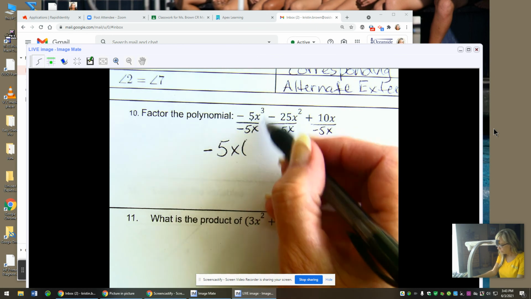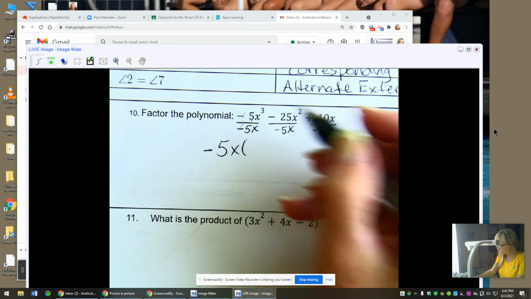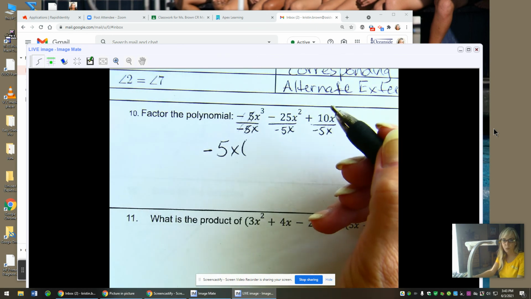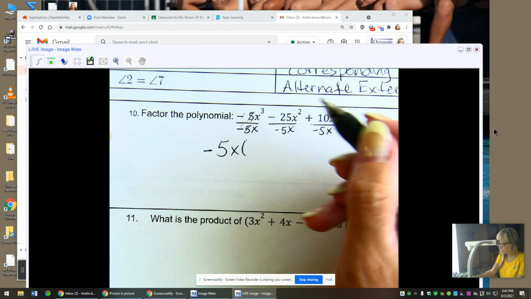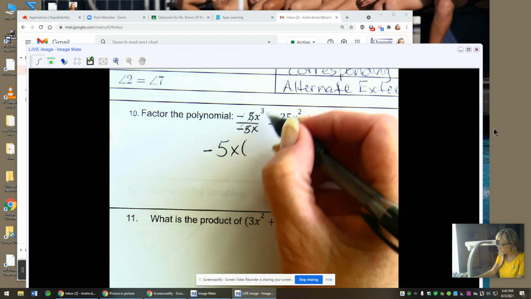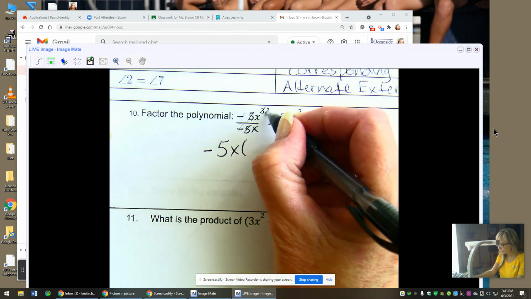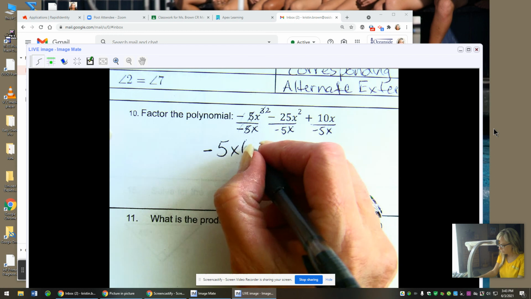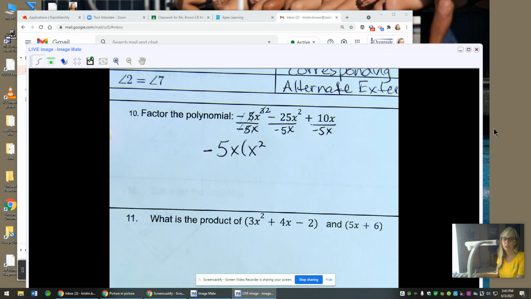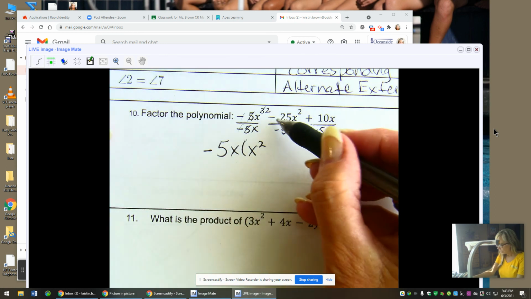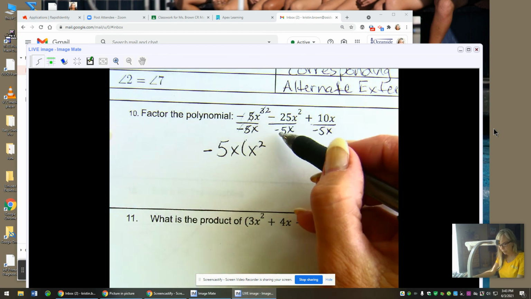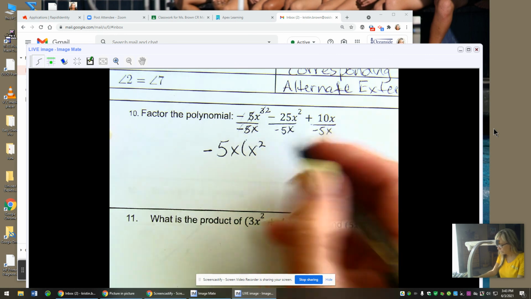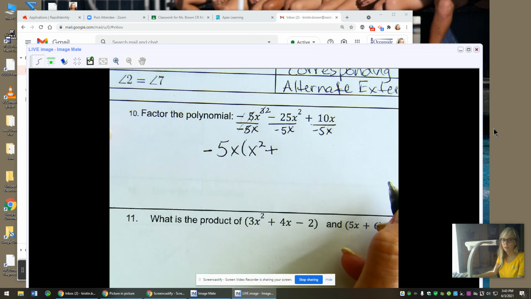When I factor out here, those are going to go away. They become a 1. Negative 5 over negative 5 is 1. And 1x here will take away one of these, leaving me with 2. So I'm left here with an x squared. Now, when I divide, if I divide a negative by a negative, I'm going to end up with a positive.